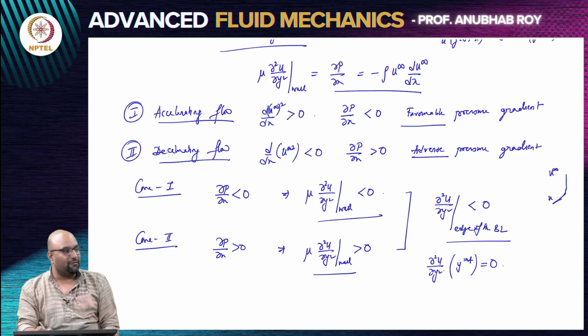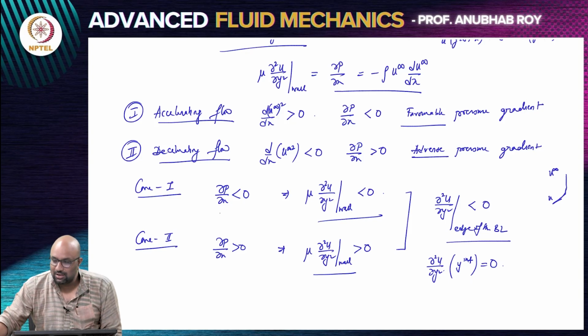That is the point of inflection. So there is a point of inflection in a decelerating flow where you go from a case where the curvature is positive near the wall. Curvature positive means the slope is continuously increasing as you keep going up. It starts from a small slope and the slope is increasing, and then it arrives at a negative curvature or a zero slope.